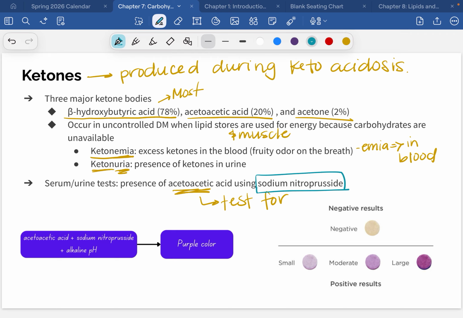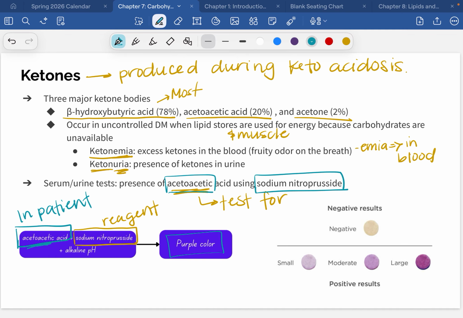And the reason is this acetoacetic acid, when you add sodium nitroprusside, so this, remember, is the reagent in yellow. This is what we're adding. This is what is in the patient's urine or serum, so in the patient. When you add sodium nitroprusside to acetoacetic acid, it produces a purple color. Okay. And so this is what those results will look like.